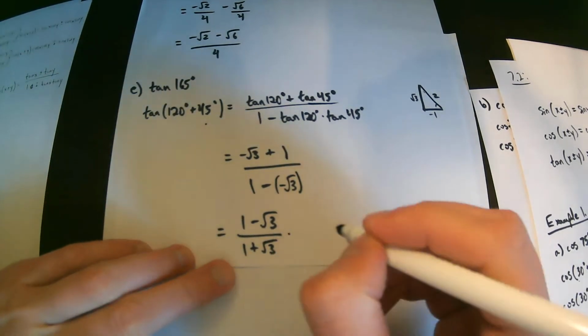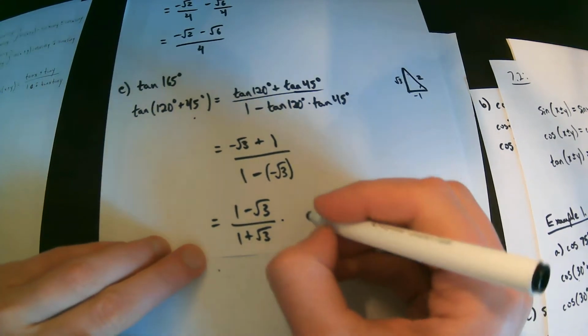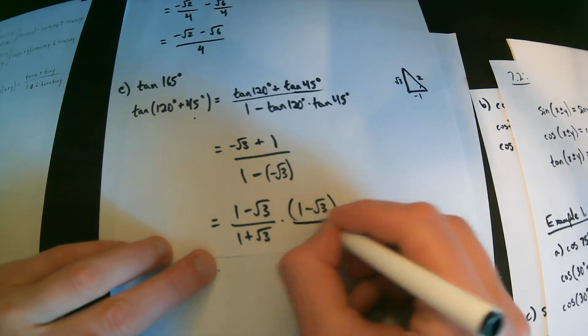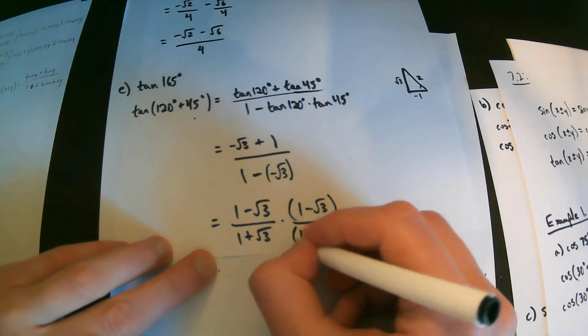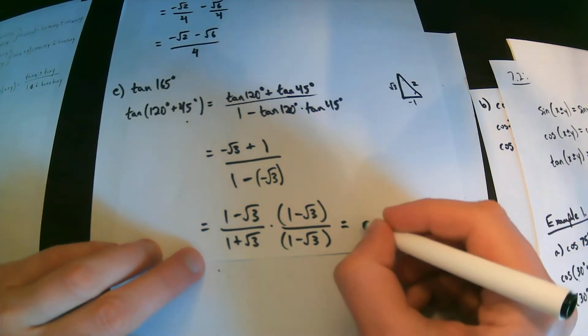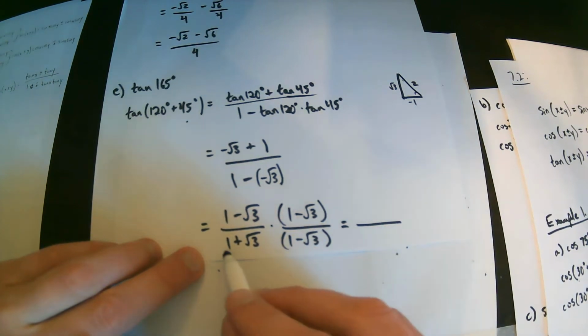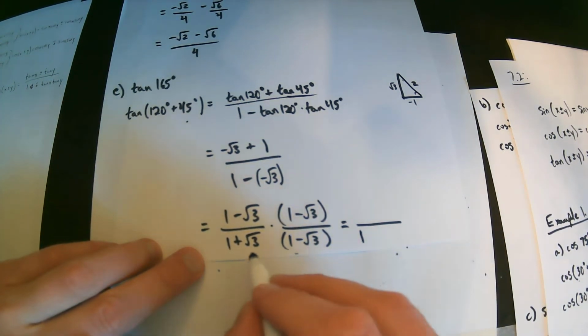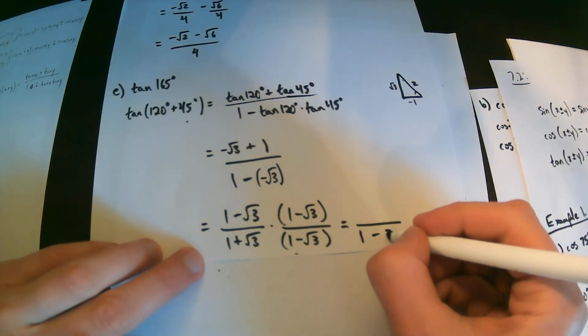Let's see, if I did it anyway, just in case we need to, you would multiply by 1 minus root 3 in the top and bottom, which is going to give you 1 minus 1, and then these cancel, and then I'll have this times this, so minus 3.